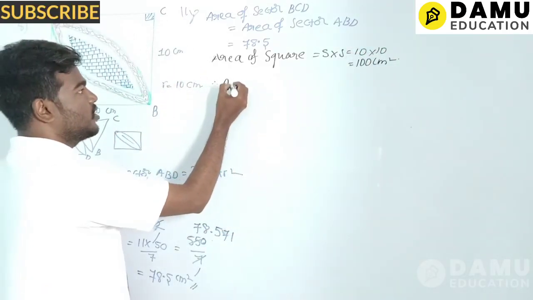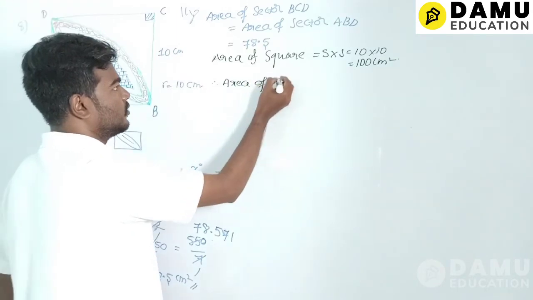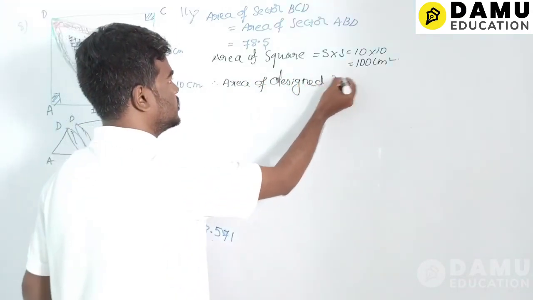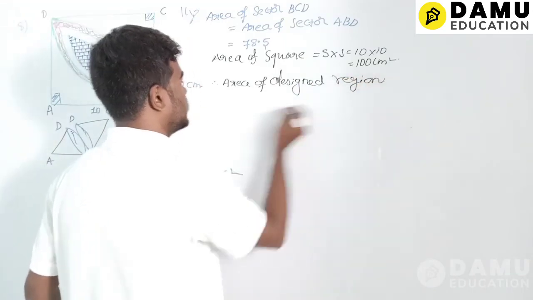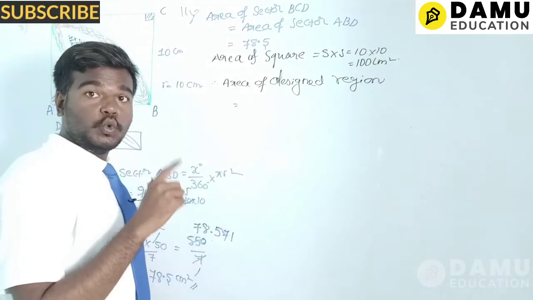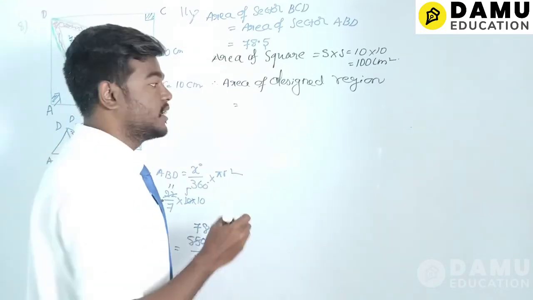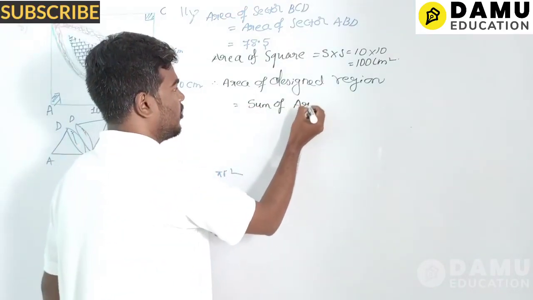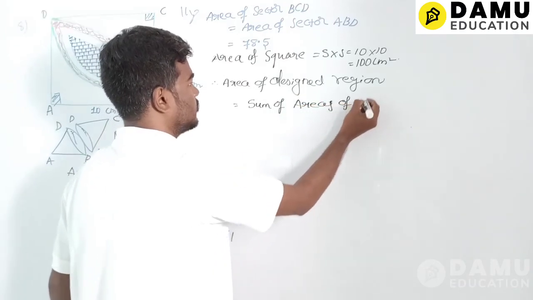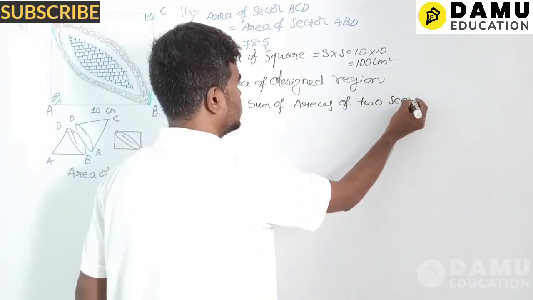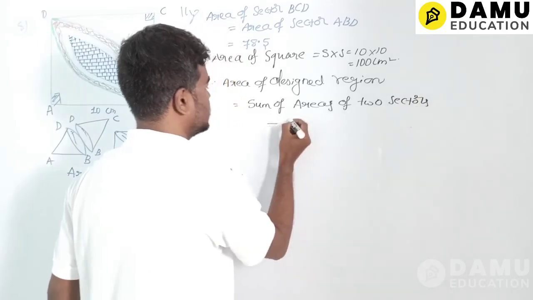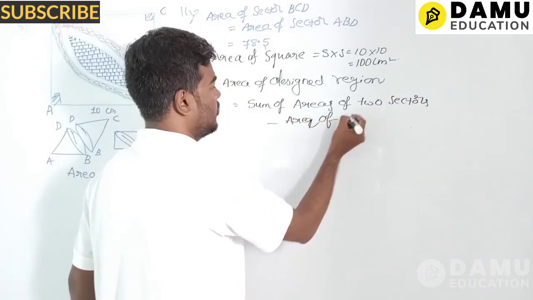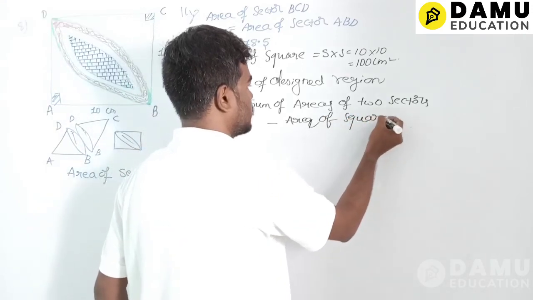Therefore, the area of the designed region is the sum of the areas of the two sectors minus the area of the square.